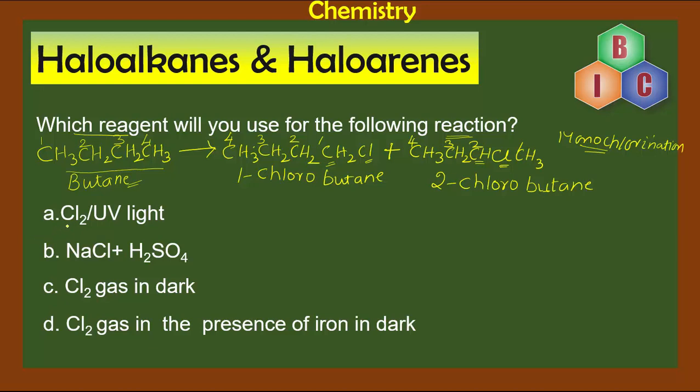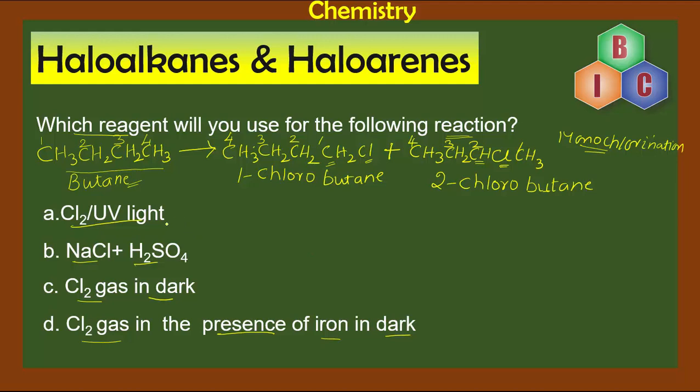Will the reagent be option A, Cl2 in presence of UV light, or option B, NaCl along with sulfuric acid H2SO4, option C, chlorine gas in dark, or option D, chlorine gas in the presence of iron and in darkness?